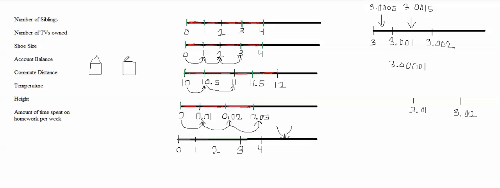Right here. And let's imagine that I can actually push my house and my school further apart. So I push my house out this way and I push my school out this way so that they get further and further apart from each other.